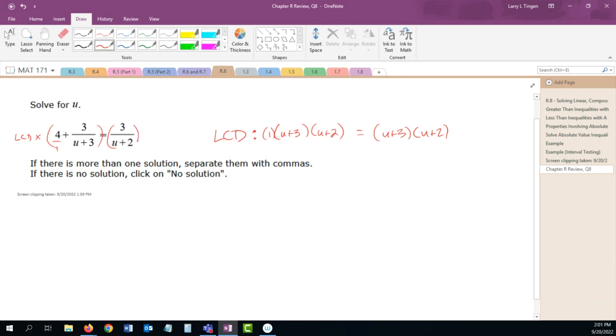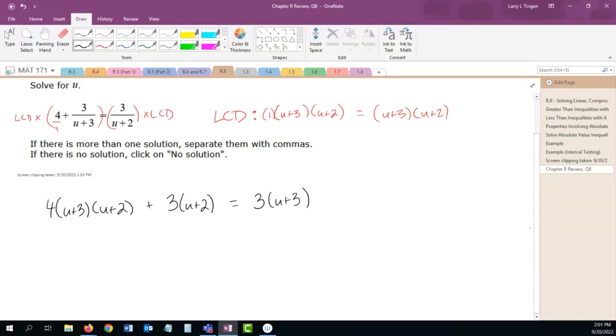I'm just gonna multiply by the LCD. So what does that leave me with? 4 times the LCD is 4 times u plus 3 times u plus 2 plus 3 times u plus 3 times u plus 2 over u plus 3. The u plus 3's go away, leaving me u plus 2 equals, on the right-hand side, the u plus 2's divide away, leaving me a u plus 3.